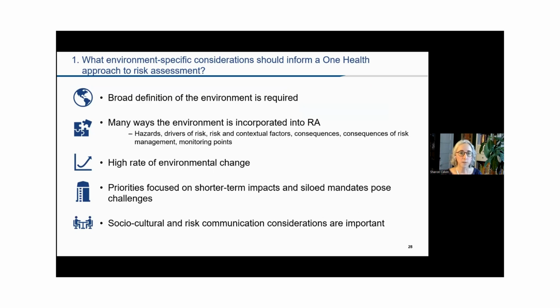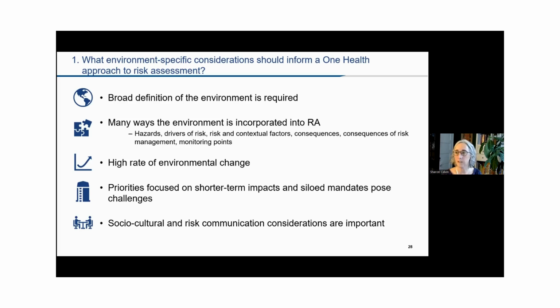So related to the first question, there was a lot of discussion about the need for a broad definition of the environment. And so not just looking at the natural environment, but also the built environment. There was discussion of the difference between the environment and context. So, for example, the social political environment. There was discussion of many different ways that the environment is incorporated into risk assessments.